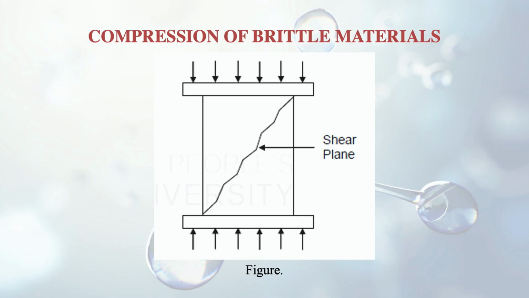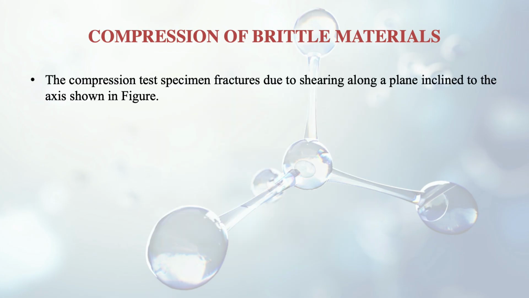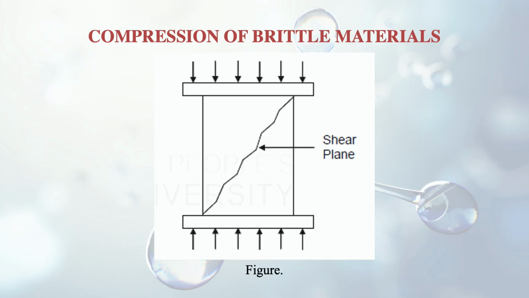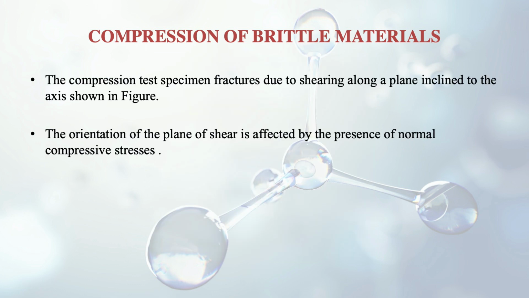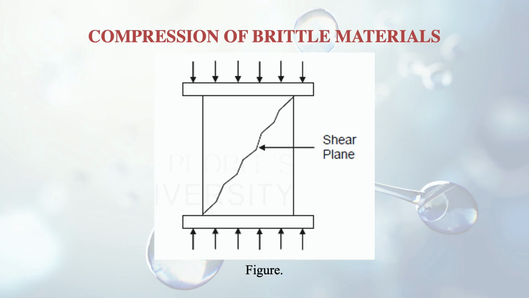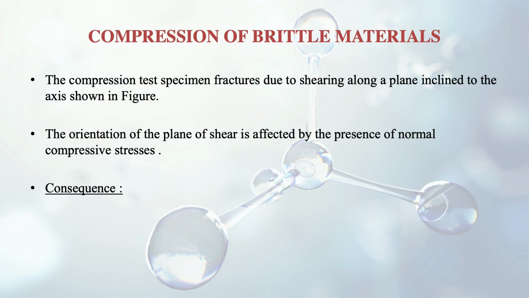It fractures due to shearing along a plane inclined to the axis as shown in the figure, and the orientation of the plane of shear is affected by the presence of normal compressive stresses. So you can see this compressive stress is acting normally to the cross section. This will affect the plane of shear. So what will be the consequence of that?